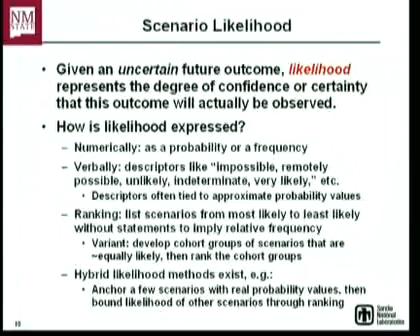There are other ways that we can look at this, though, like verbal descriptors of ranges of probability or frequency, and we can tie those to approximate probability values. So something like unlikely may be a 1 in 10 chance that it would happen.